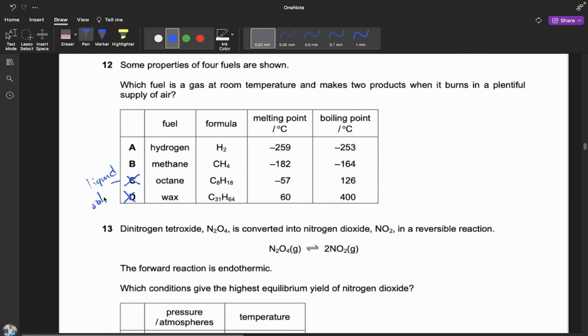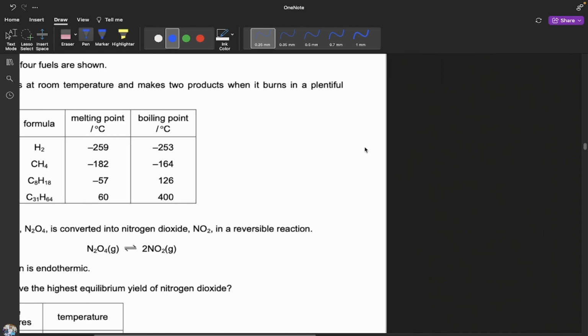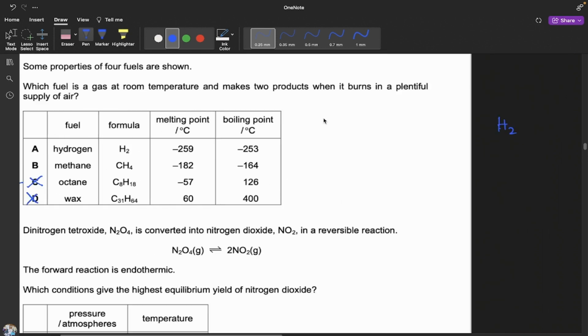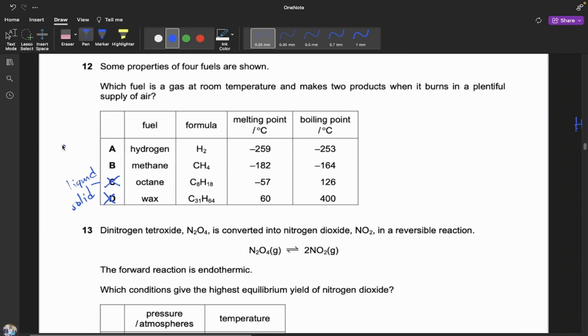This is solid. The boiling point is 126, so obviously it can exist as a liquid. Okay, hydrogen. Hydrogen is a gas. And methane is also a gas. So the answer is A or B.